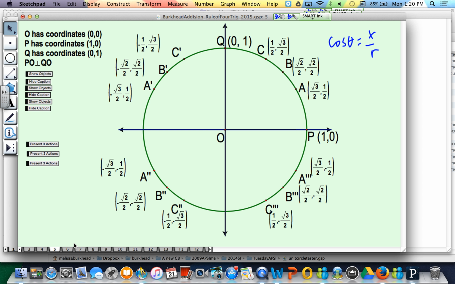What is r in this instance? What's the length of the radius? 1. So on a unit circle, cosine theta is equal to our x. What would sine theta be equal to? The y. What would the tangent of theta be equal to? Y over x. Are y'all there?